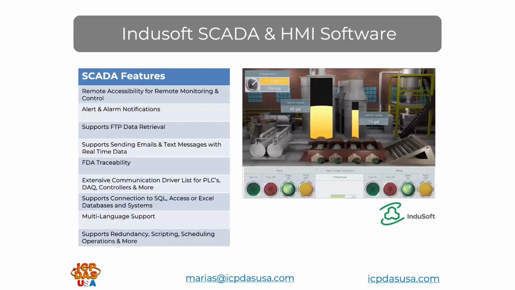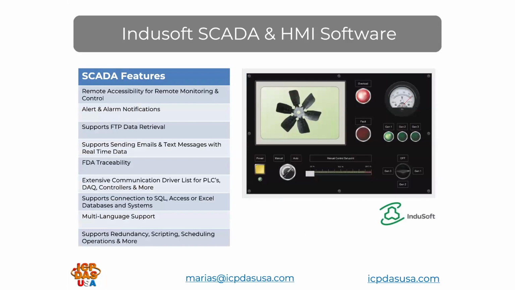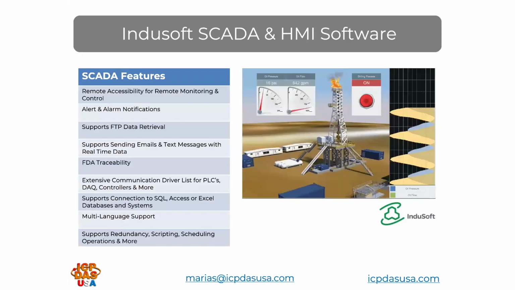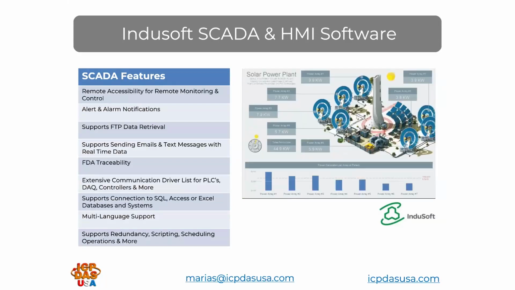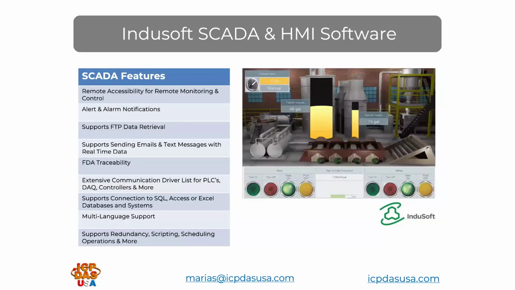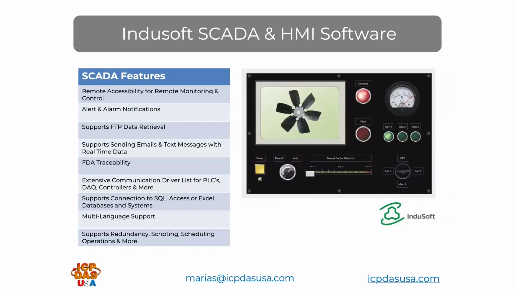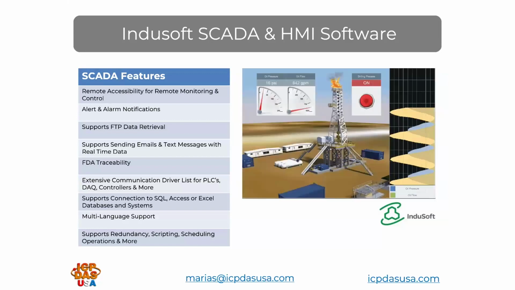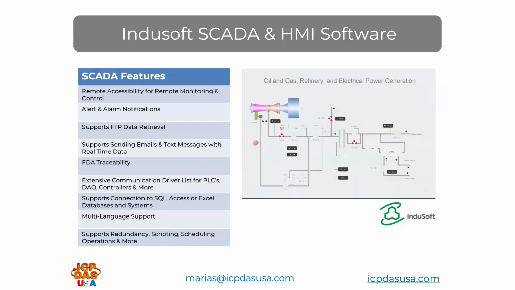VPNs are often used for making local networks over long distances, which allows for viewing systems through web pages. SCADA systems log data and allow for sending text message alarms out for updates, and support scheduling operations, redundancy systems, and more.